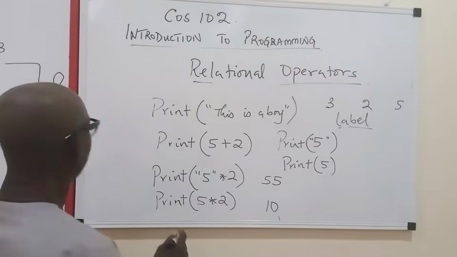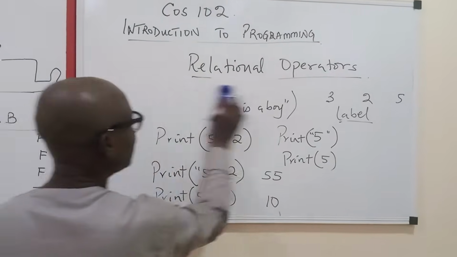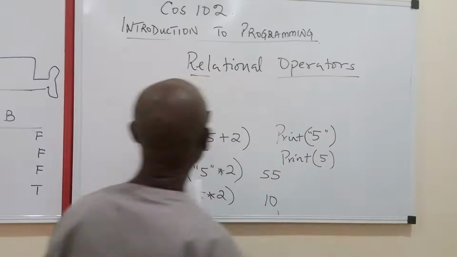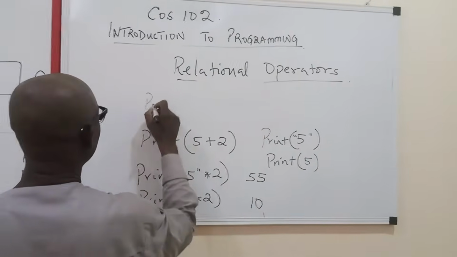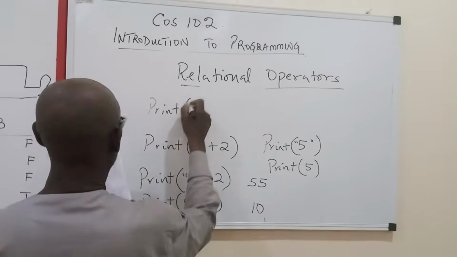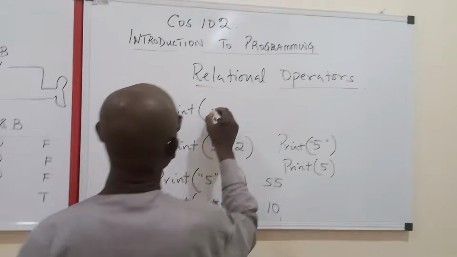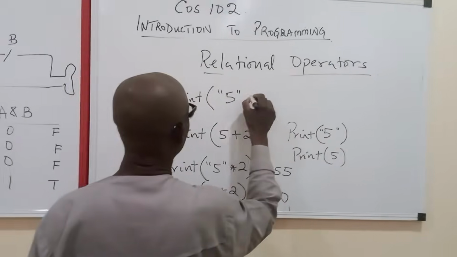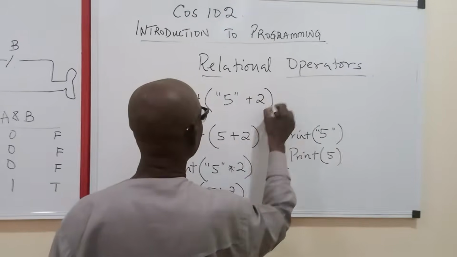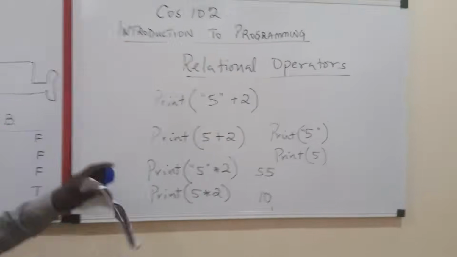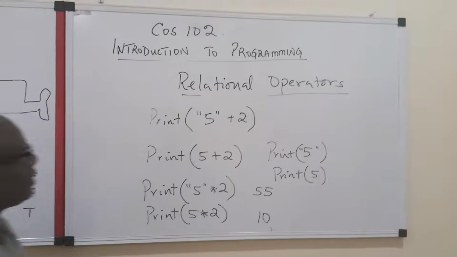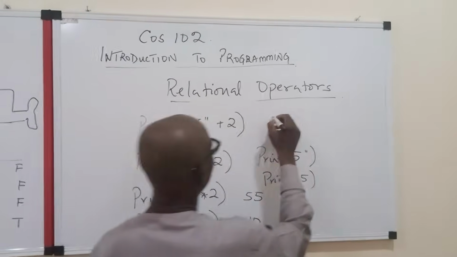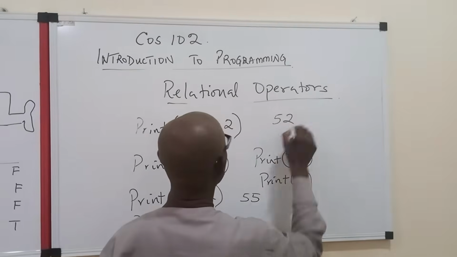Now, if you do print and you say the string 5 plus 2, what this will mean is the outcome will be 5 and 2.